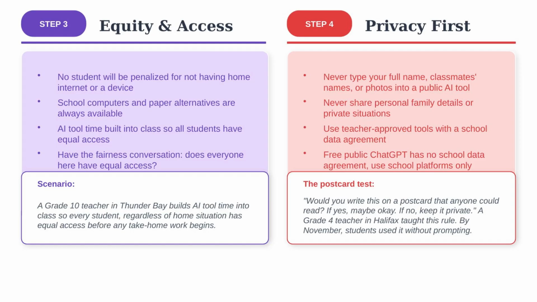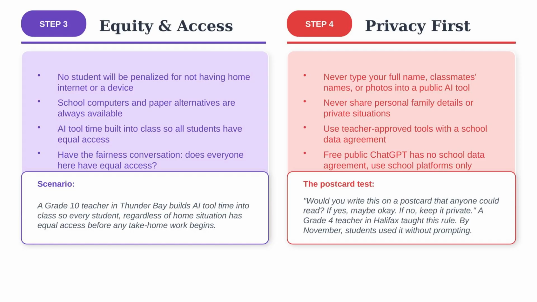Use teacher-approved tools when possible. Tools your school has vetted that have a data privacy agreement and that don't store or use student content to train their AI. For younger students, especially, here's a simple rule to teach: the postcard test.